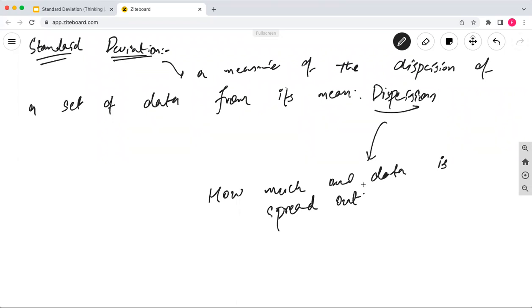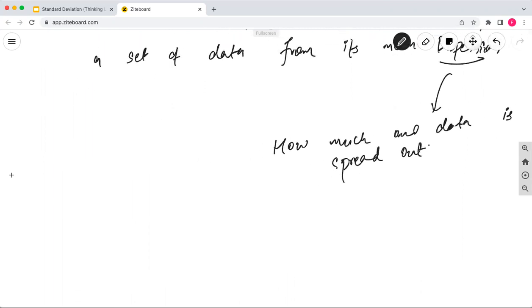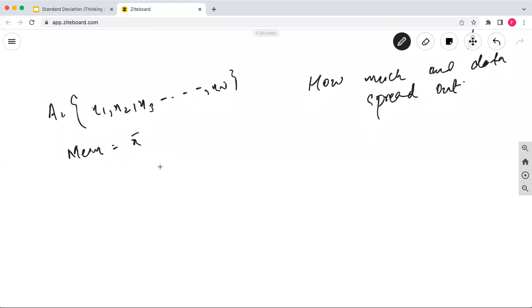And to get an idea about the standard deviation, consider a set, for example, set A having elements x1, x2, x3 up to xn. And consider that the mean, the average of this set, is x bar. So what exactly will be the standard deviation?